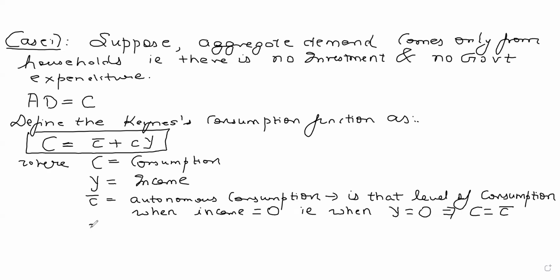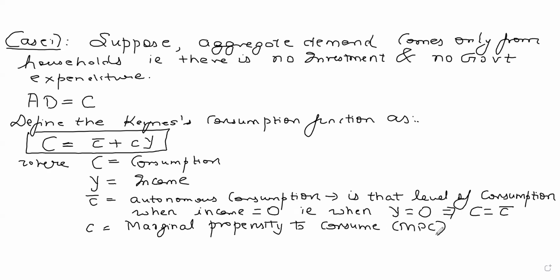Now, what is small c? Small c denotes the marginal propensity to consume, which in short form we can call MPC. Okay, so what does marginal propensity to consume capture?